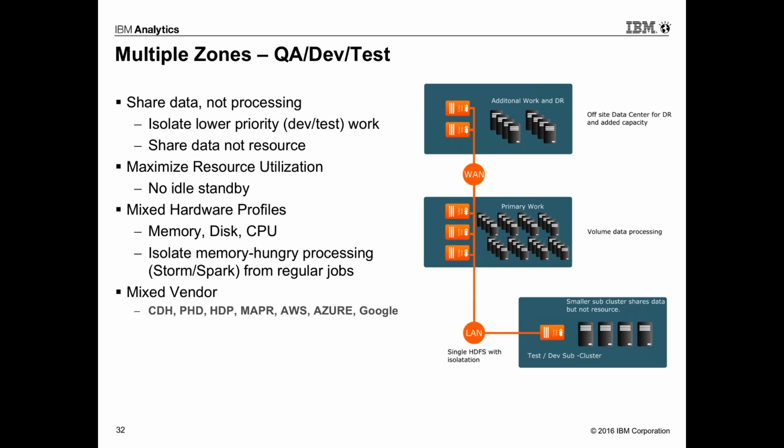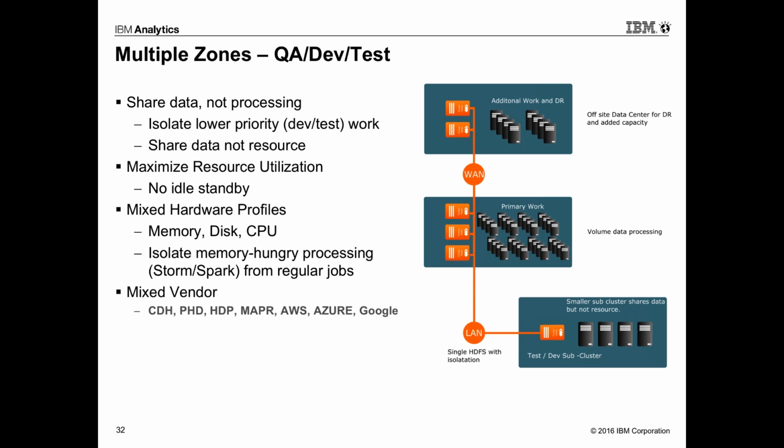Maybe the production cluster has the most beefy configuration when it comes to CPU cores, memory settings, and network capacity. Maybe the development and the QA clusters are built on a little less capable hardware.